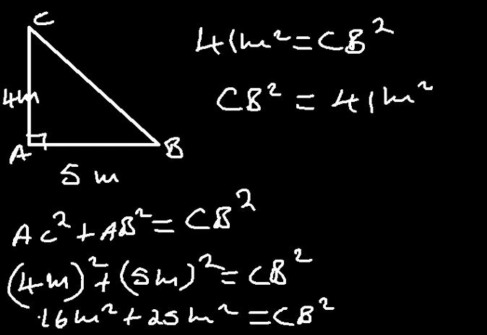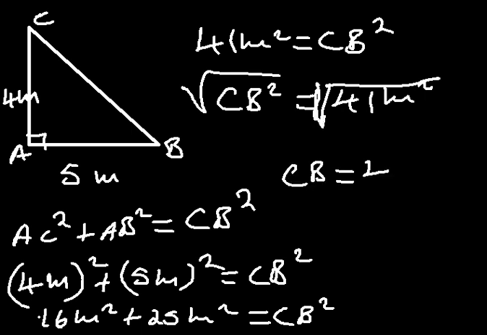In order to solve for CB, we'll have to introduce the square root on both sides. So in this case, we'll have CB equal to the square root of 41 meters. So this is the side CB.